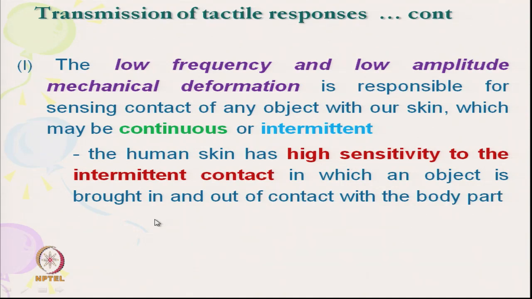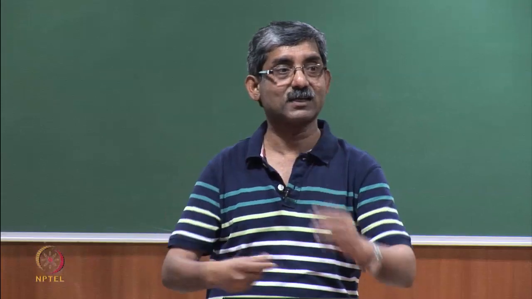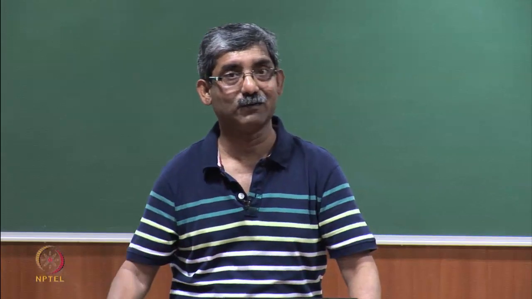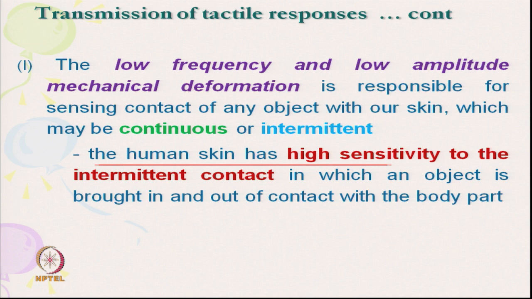So, if it is touching continuously or it is releasing its touch, that sensation is very active in our skin. Okay. Whereas, if an object is constantly in touch, the sensitivity may not be that high.